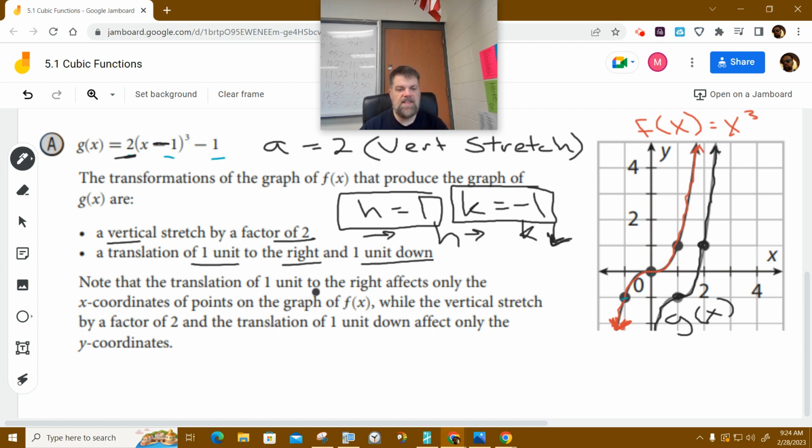It says, note the translation of 1 unit to the right affects only the x-coordinates, while the vertical stretch by a factor of 2 and the translation 1 unit down affects only the y-coordinates. In other words, this right here is what we call an inflection point, but this point right here goes down 1 over 1.